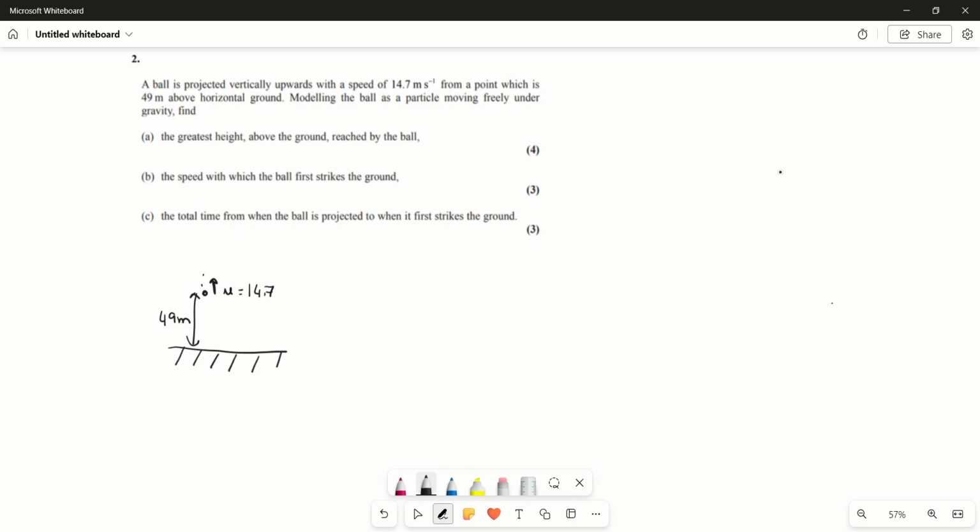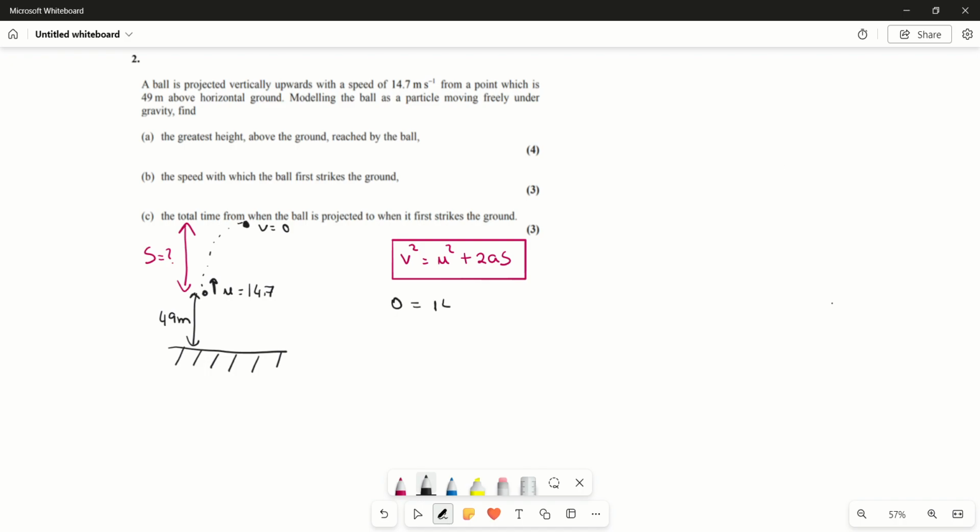So the ball is going to be projected upwards, it's going to reach and stop here, so the final velocity is going to be equal to 0. And what we would like to first of all work out is this distance. So if I'm going to use the SUVAT equation, it's v squared is u squared plus 2as. So the final velocity as it reaches the greatest height is 0.